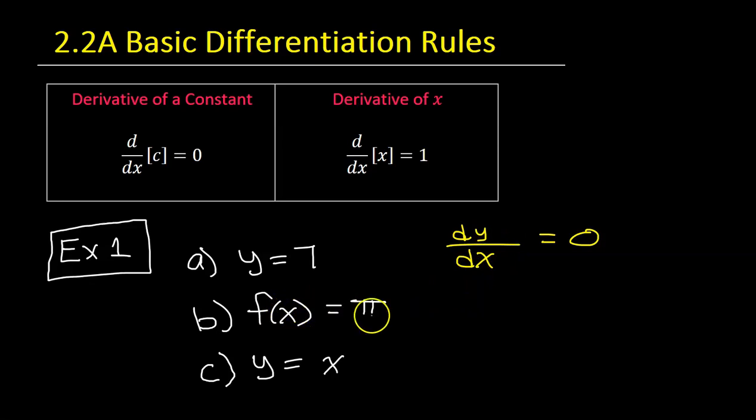If f of x is equal to pi, then f prime of x is equal to, again, 0. Remember that f prime is another way of saying the derivative of f. If y equals x, then y prime is equal to 1. The derivative of x is 1, and writing y prime is another way of expressing the derivative.